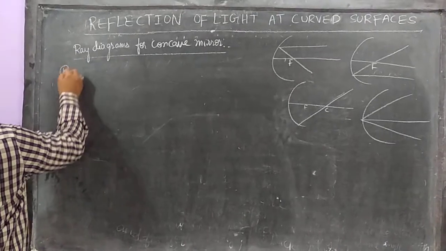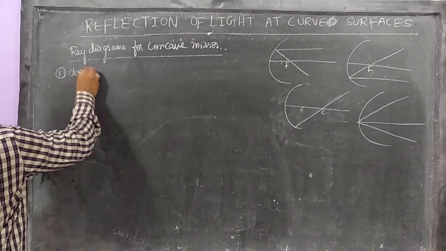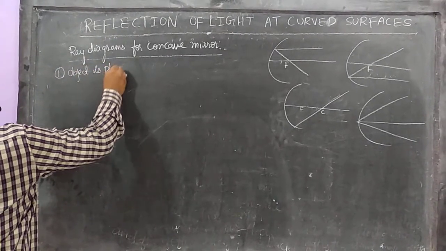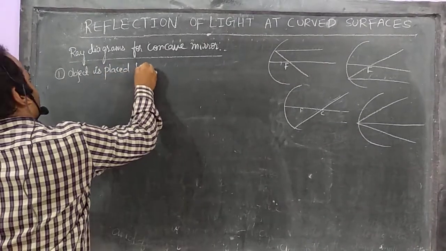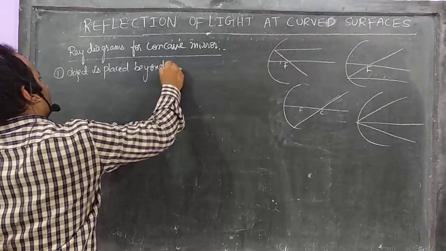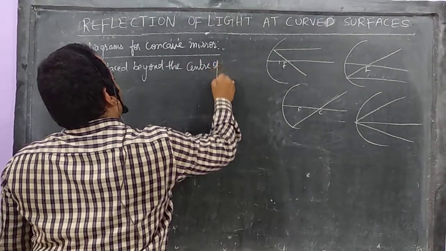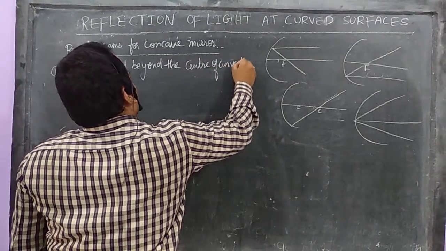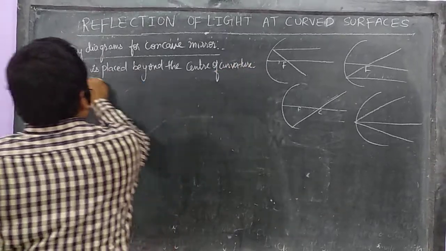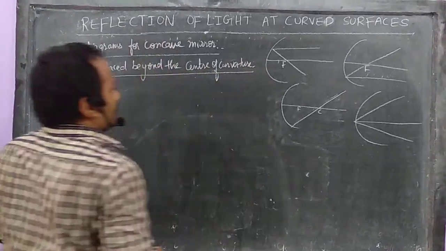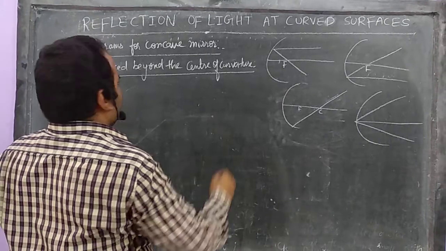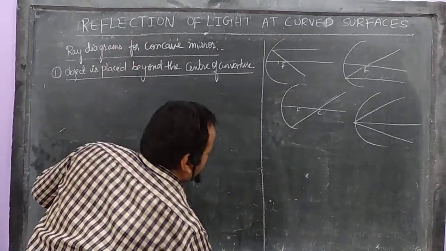So in the first position, the object is placed beyond the center of curvature. Now, actually what we will do in ray diagrams, I want to say first.